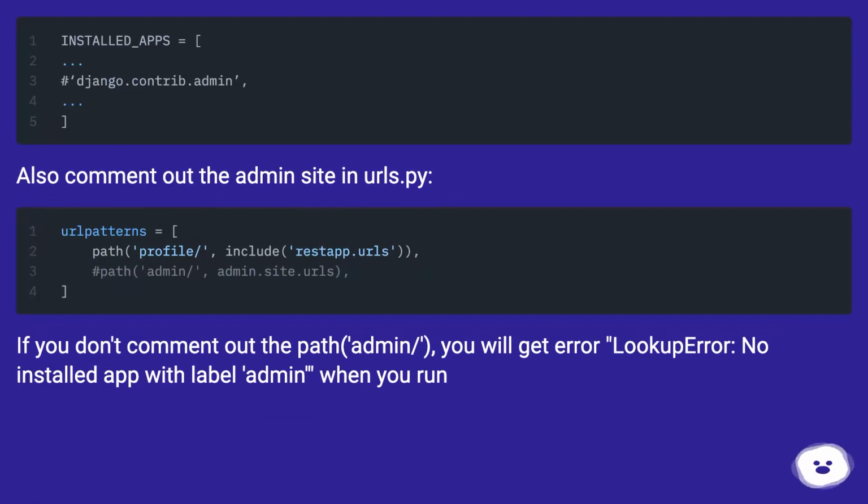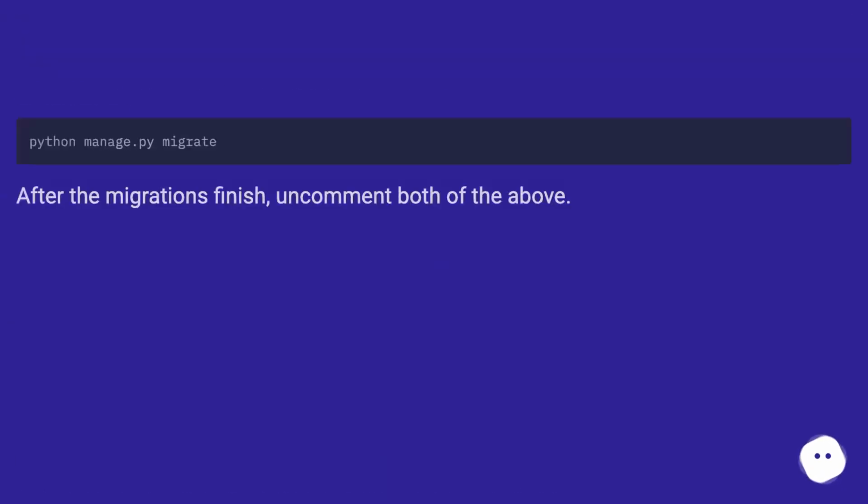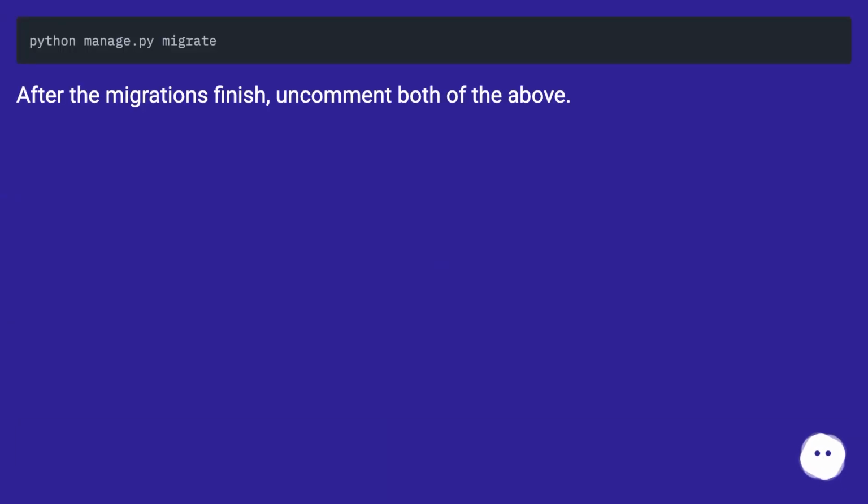Also comment out the admin site in urls.py. If you don't comment out the path admin/, you will get a LookupError, no installed app with label 'admin', when you run migrate. After the migrations finish, uncomment both of the above.